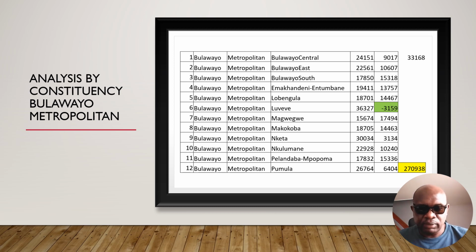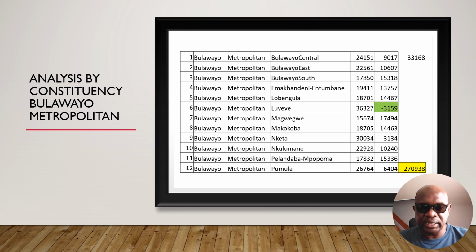So this number will represent how the population of each constituency is over or below the actual number of 27,000.